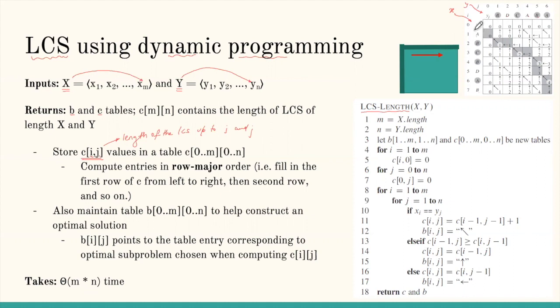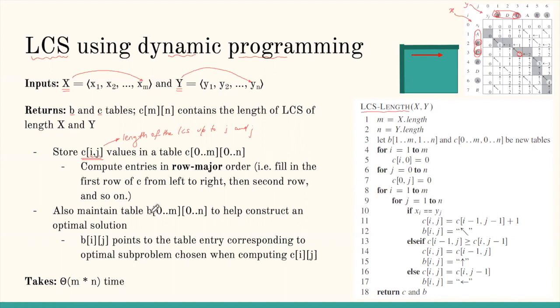Say, for example, if I were to look at the LCS between ABC and BDC, then my value in the C matrix is 2, which means that the longest common subsequence is of length 2. Here, essentially, BC is the longest common subsequence. So in this way, at any point of time, Cij maintains the length of the longest common subsequence.